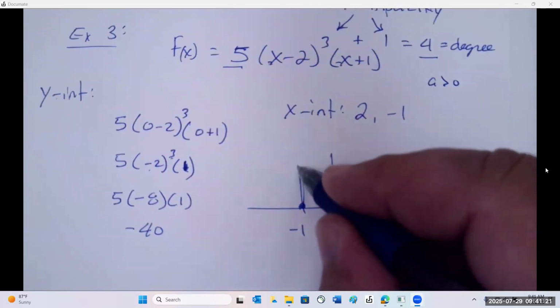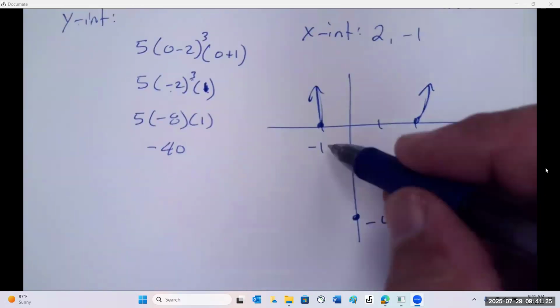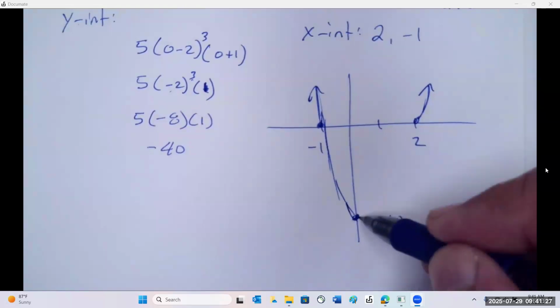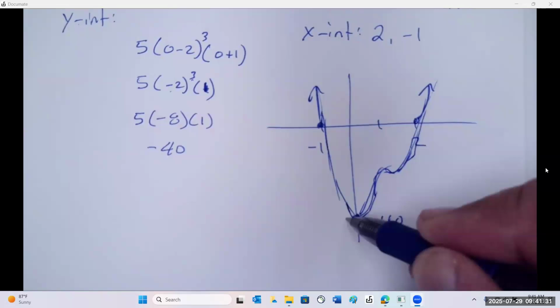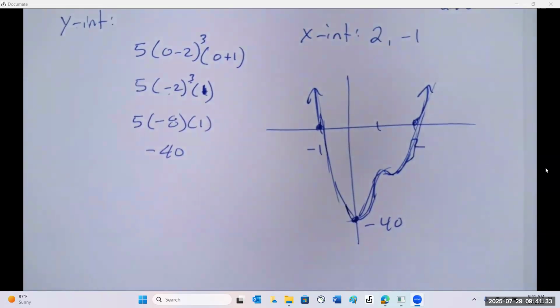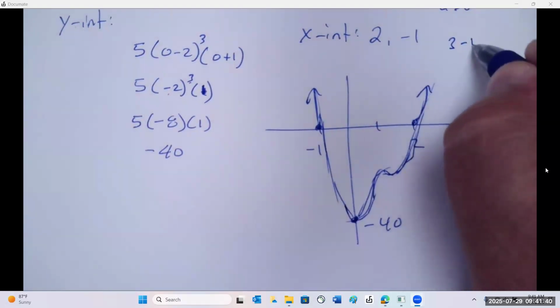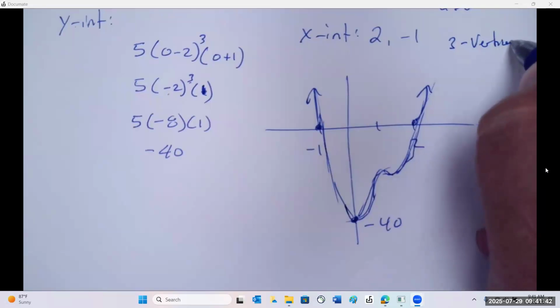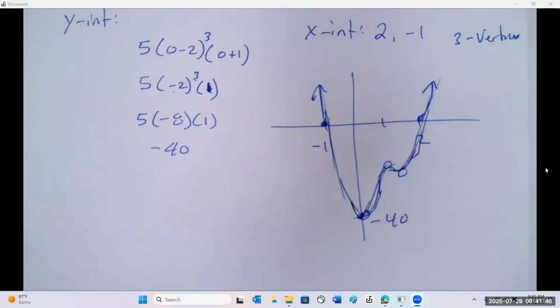So we know from here and here, the graph goes up. So the graph will look something like this because it's a fourth order equation. It says it's degree 4, so we have 3 vertices. 1 vertex, 2 vertices, 3 vertices.